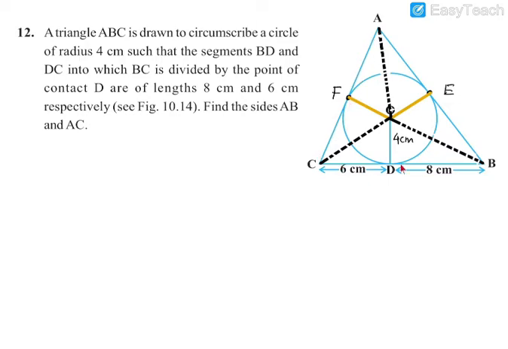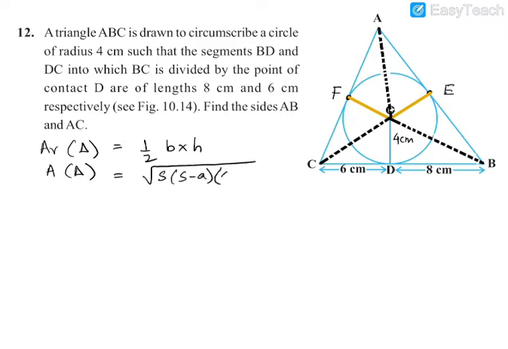Since we are given a triangle, we can use the formula for finding the area of a triangle. And there are two formulas that we can apply over here. Area of triangle can be given by half base into height, and area of the same triangle can be given by Heron's formula, that is square root of S into S minus A into S minus B into S minus C, where S is the semi-perimeter.